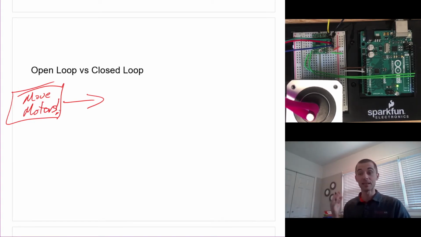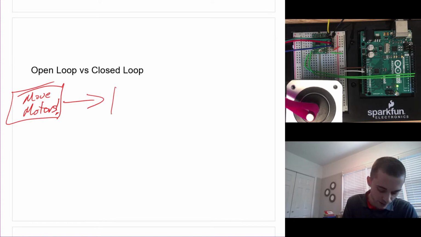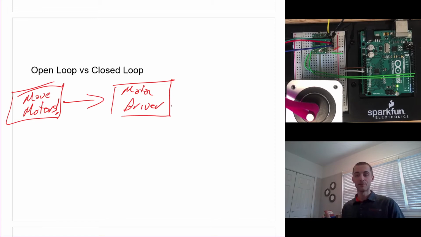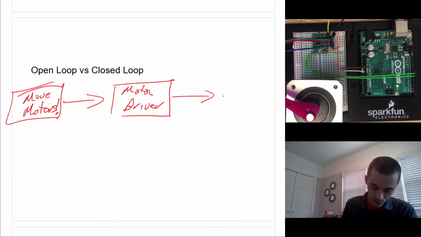Move motors. And it sends the signal either from our computer to the microcontroller, or if you program the microcontroller directly, the microcontroller, both of them are effectively sending signals to the motor driver. And the motor driver is controlling the motor.